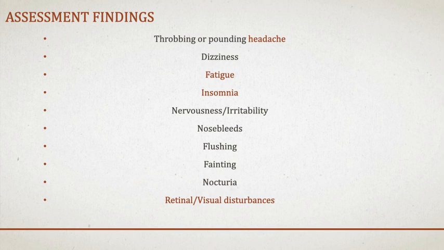So damages can occur to those tiny arteries that are in the eyes, and that can compromise the client's vision. So it's really important to instruct the client to maintain regular eye appointments so that they can hopefully not have any damages with their eyes as a result of that hypertension.